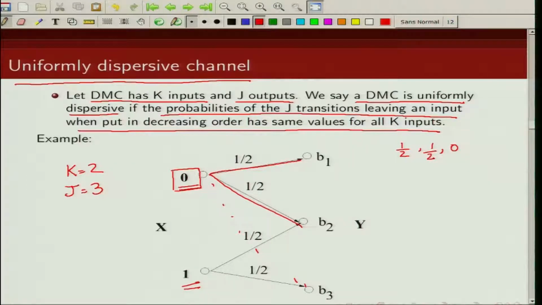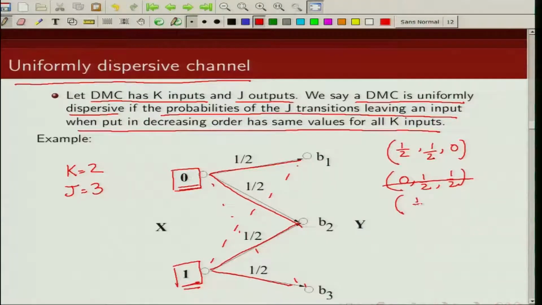If I arrange these transition probabilities in descending order, this will be my order. Now look at this input. This is 0, this transition probability is half, and this is half. If I arrange this in descending order, this would be half, half and 0.